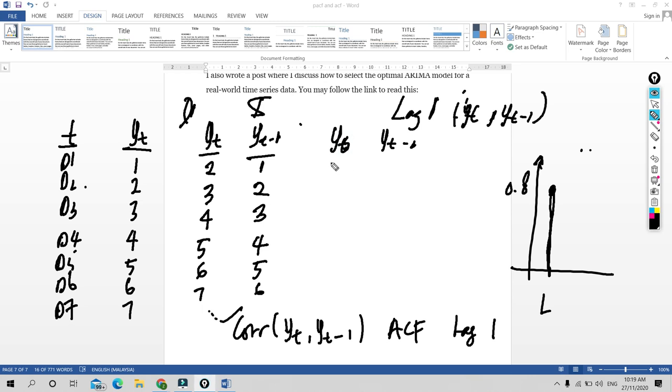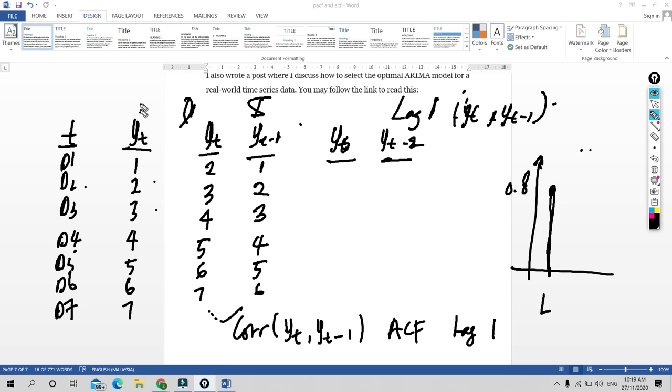then 5 paired with 3, then 6 with 4, and the last one is 7 with 5. In other words, if you calculate the correlation between YT and YT minus 2, this is the lag 2 correlation.